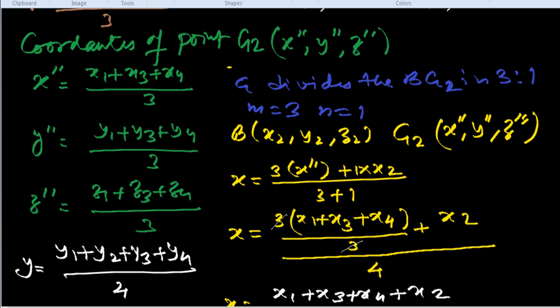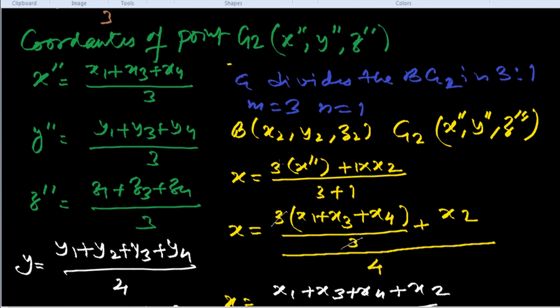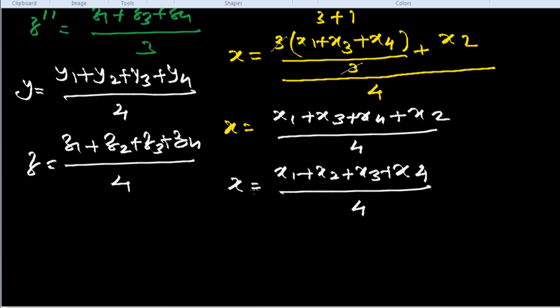So we put m is 3 and n is 1. So 3x double dash plus 1 times x2, and we simplify this, we get finally x is equal to (x1 + x2 + x3 + x4) over 4. Similarly we can get y and z.